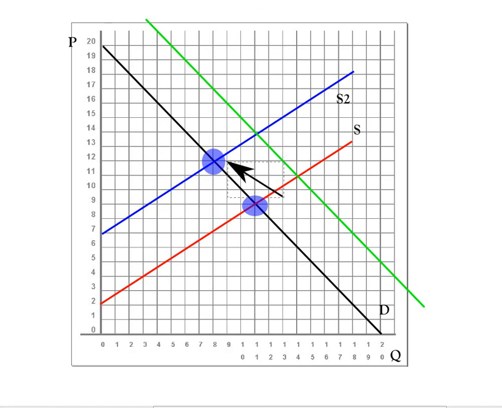Okay, so move number one was the move in supply. Move number two is going to be a move in demand. Let me twist this around so we can picture both of those moves. And we're moving first from the first blue dot to the second blue dot because of the decrease in supply. And now we're going to move to this final equilibrium. Label that pink here.